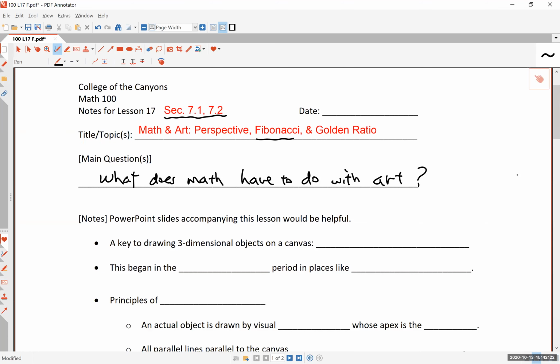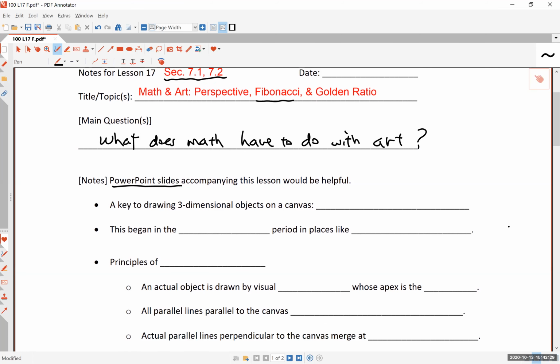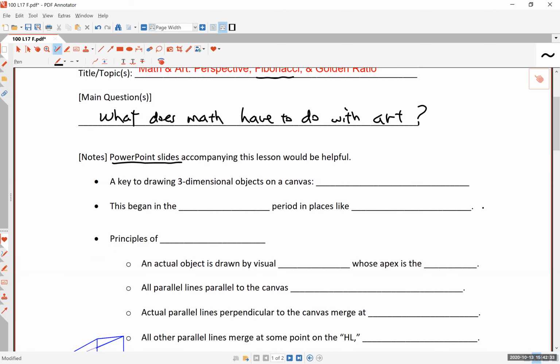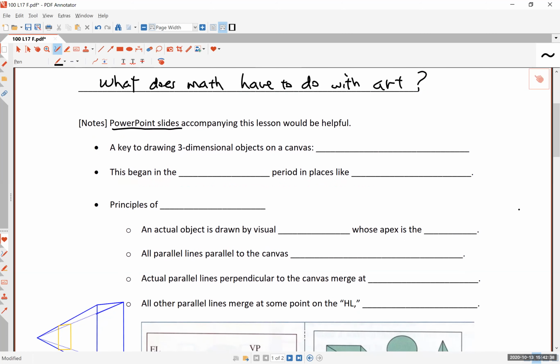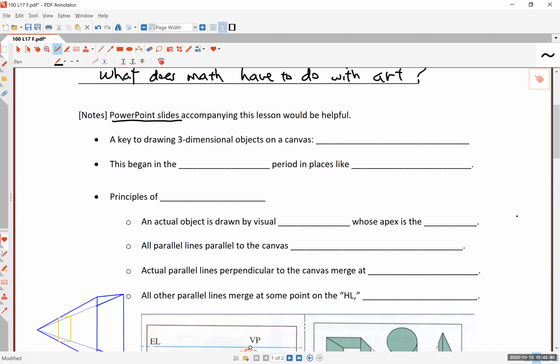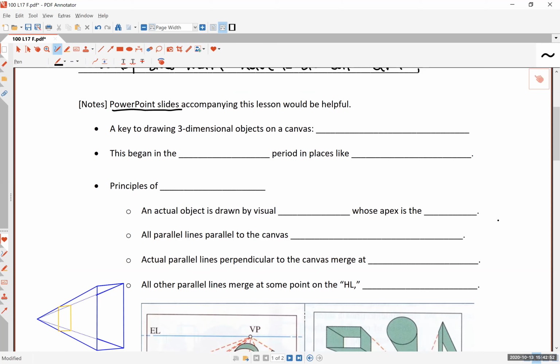And I will be showing and sharing some PowerPoint slides to illustrate these points. But let me explain first what's going on and what I will be talking about. A key to drawing three-dimensional objects on canvas, and this is something that really every artist since the time of the Renaissance has practiced, because art, especially when you draw or illustrate or paint, is going to be on a two-dimensional plane, typically called a canvas.